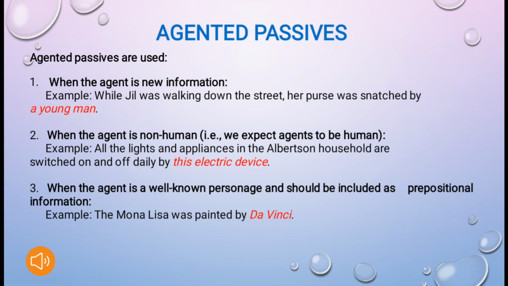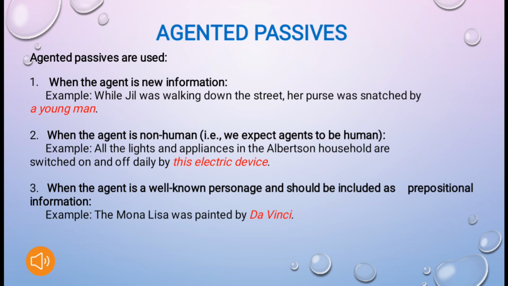We never came to think that there is a young man who is doing such and such, which is bad, right? So therefore it is said that when the agent is new information, or new or alien to you, then you can say that it is an agented passive.